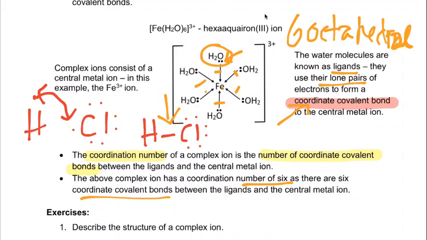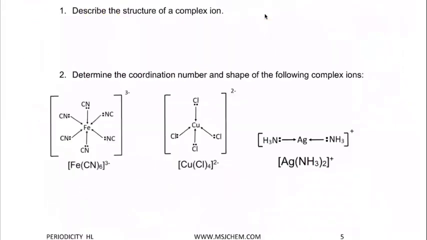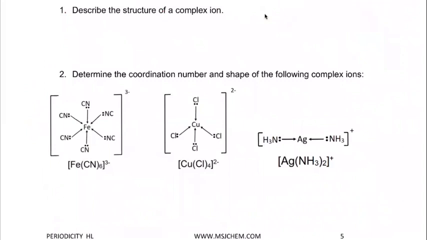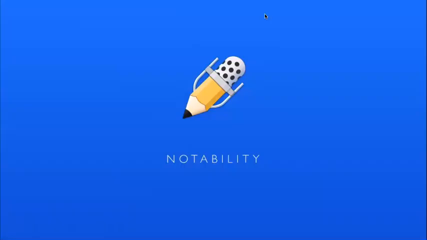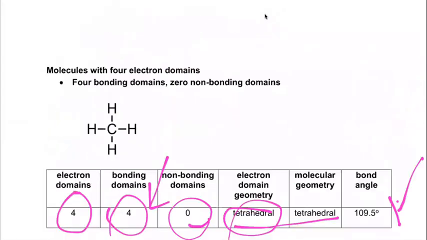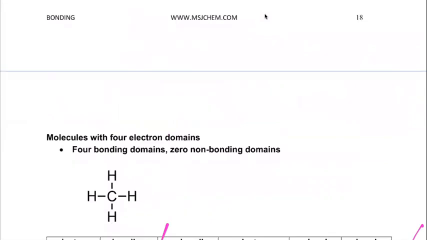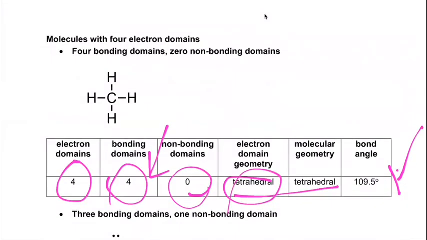If it's 4, there could be 2 possibilities. So really quick, I'm going to switch over to topic 4 notes just to show you. This goes back to bonding. We learned the basics of this last year, and we will go over it and extend it when we get to topic 4.